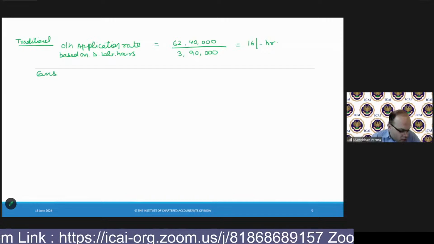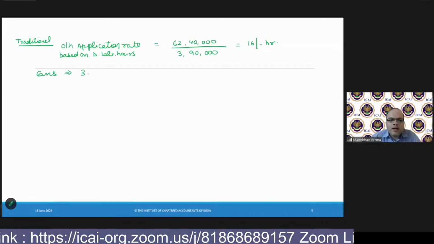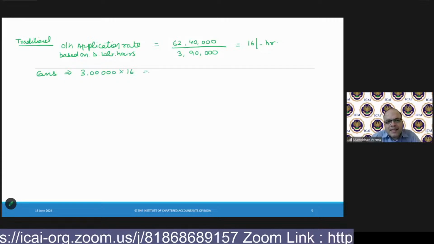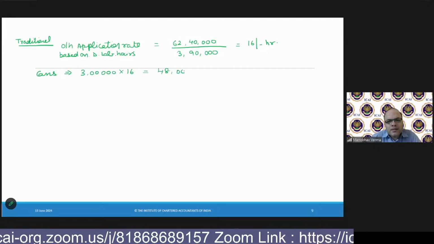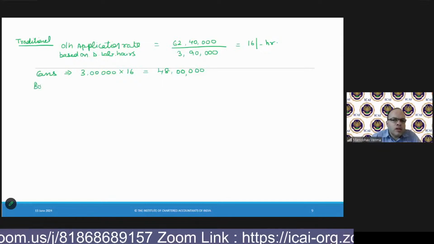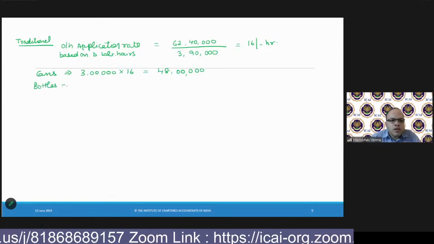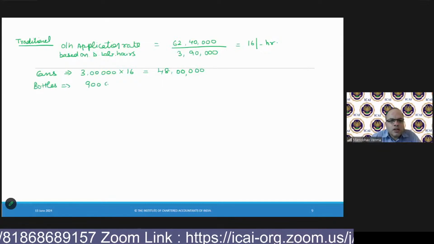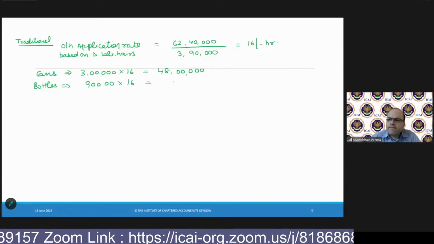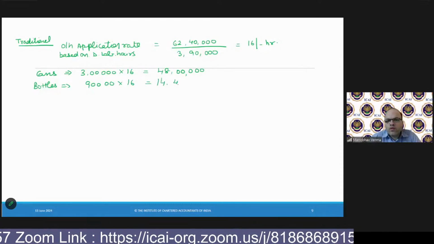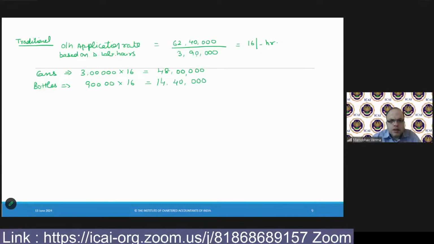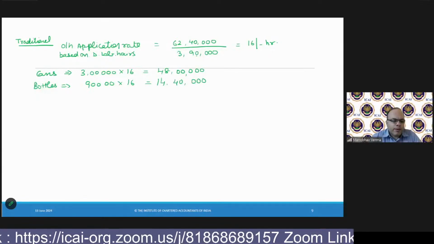For cans, we are looking at 3 lakhs hours multiplied by 16. We are looking at 48 lakhs here. And for bottles, 90,000 into 16, 14 lakh 40,000. That's what's happening here.